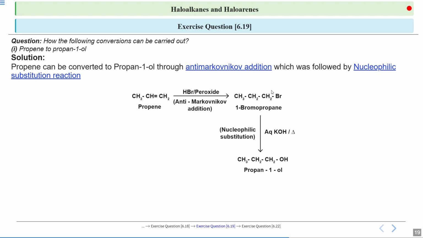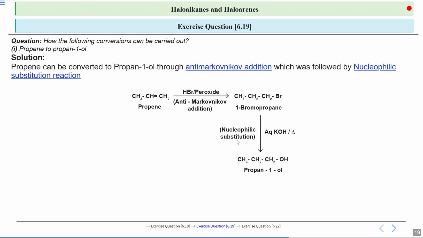So at this one position specifically, you are performing anti-Markovnikov addition, so bromine will attack this one carbon.